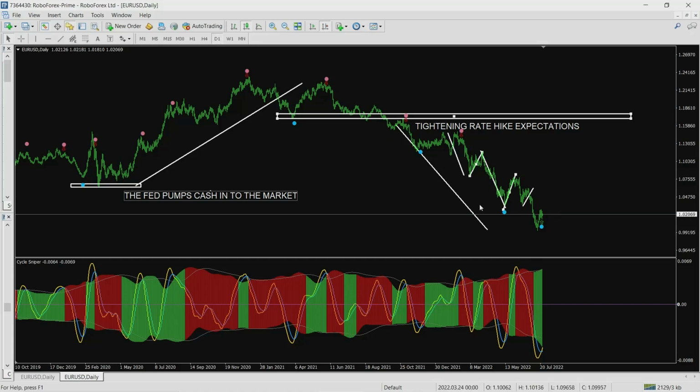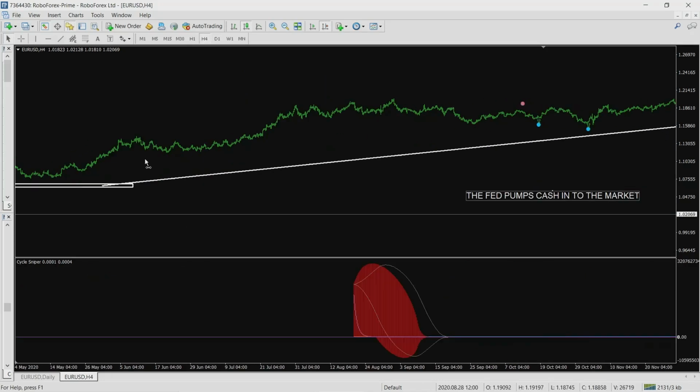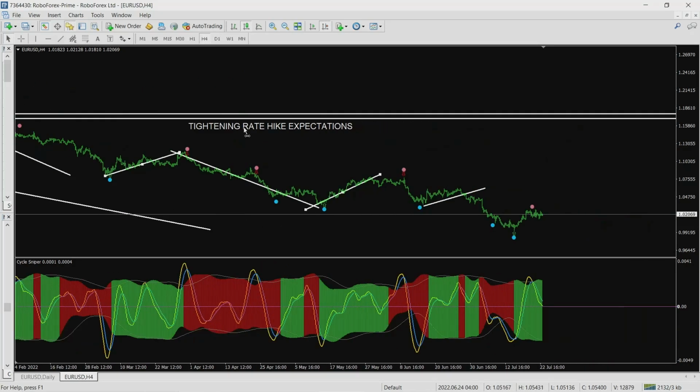This is the daily chart. When we go back to the 4 hours chart, we see a completely different situation. Some traders try to find those retracements as well and trade.